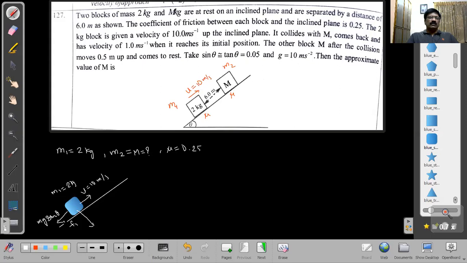We know weight mg acts vertically downwards. If the angle of inclination is theta, then this angle is also theta. That's why this component is mg cos theta and this component is mg sin theta.